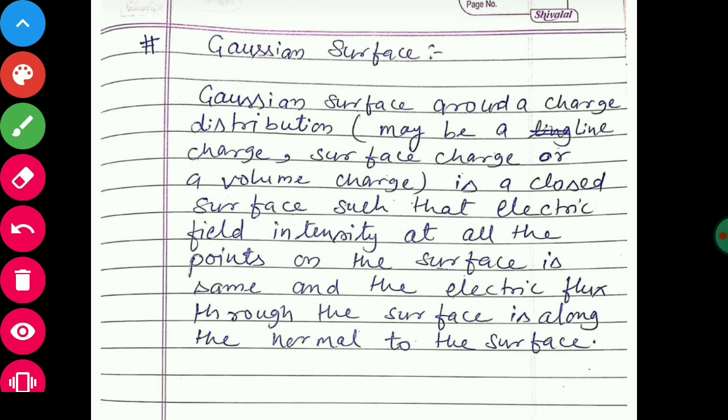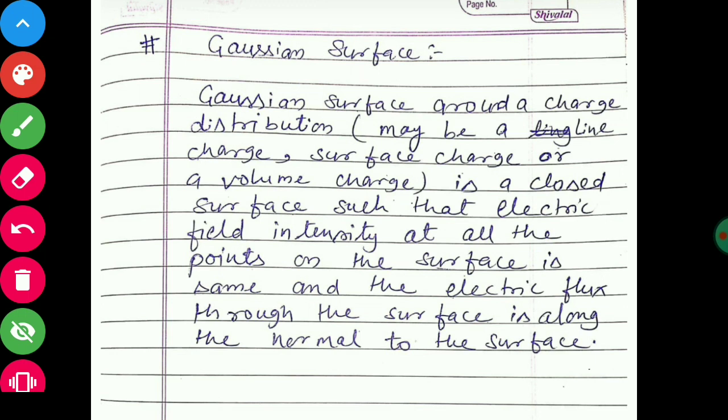such that the electric field intensity at all points on the surface is the same. That is a condition, that the electric field intensity is the same at each and every point on the closed surface, and the electric flux through the surface is along the normal to the surface.